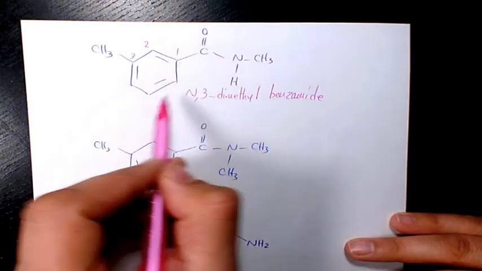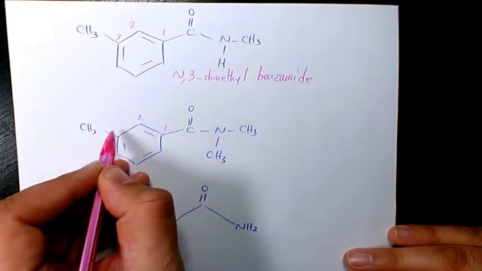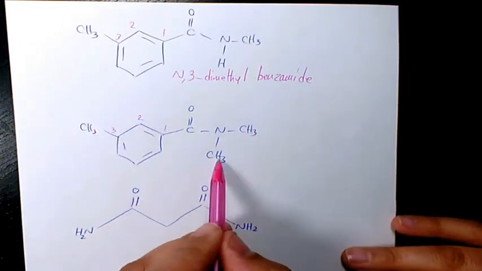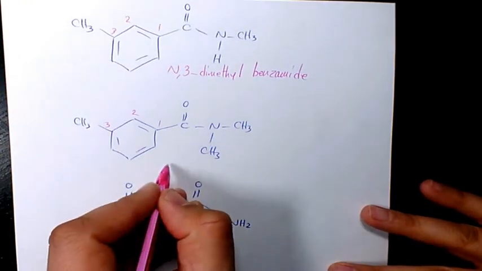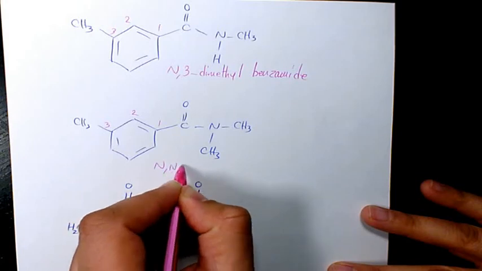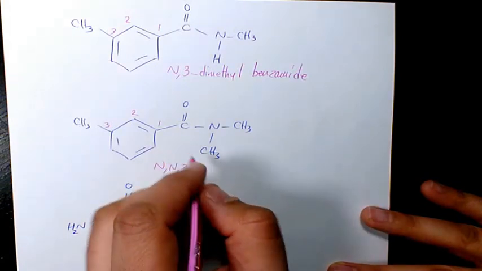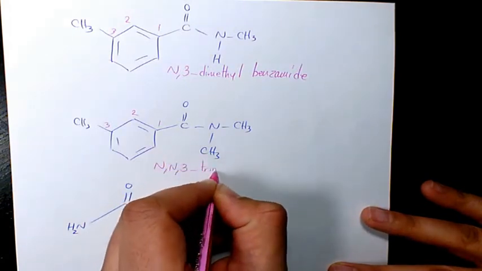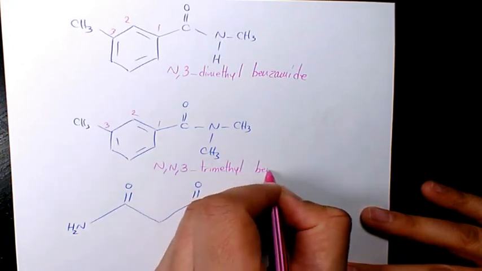Why benzamide? Because we are dealing with benzene ring. What about here? 1 2 3. We have methyl and methyl here. Both of them are substitute for hydrogen. It's going to be N and N and 3 trimethyl benzamide.